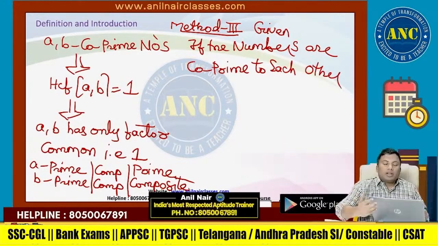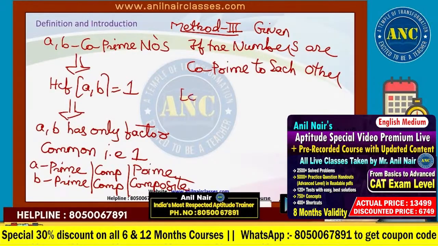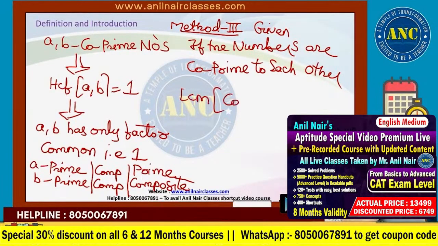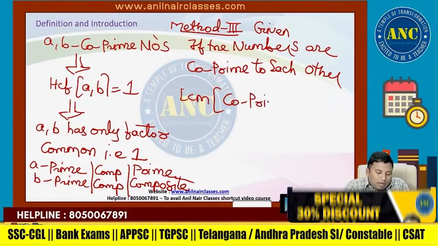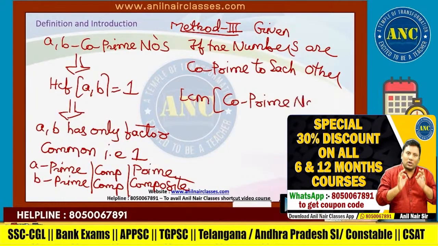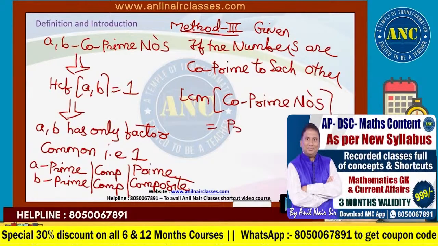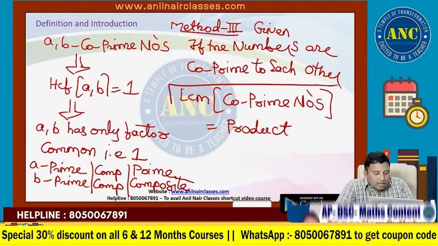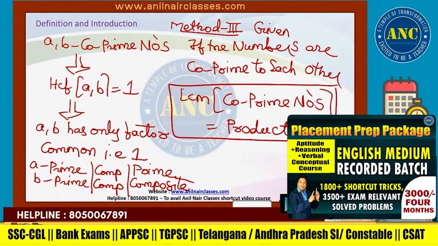Because the numbers have only one factor common, LCM of co-prime numbers is always their product.